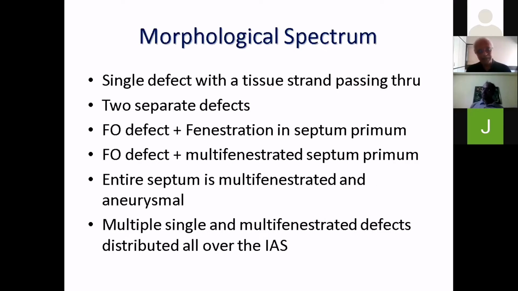Now, as far as the morphological spectrum is concerned, you can have a single large defect with a small strand of tissue passing through the defect, dividing it into two. Sometimes you may have two separate defects which are separated by a big chunk of tissue. You may have a fossa ovalis defect along with that, you may have one or two tiny fenestrations in the septum primum.